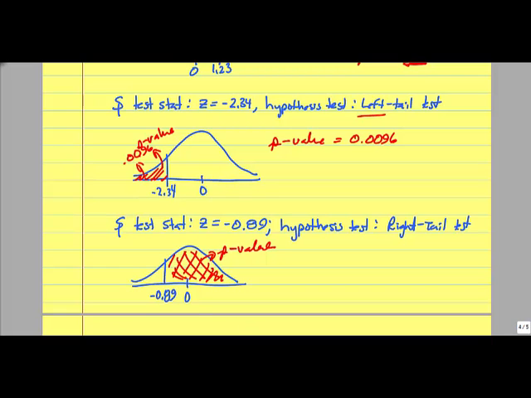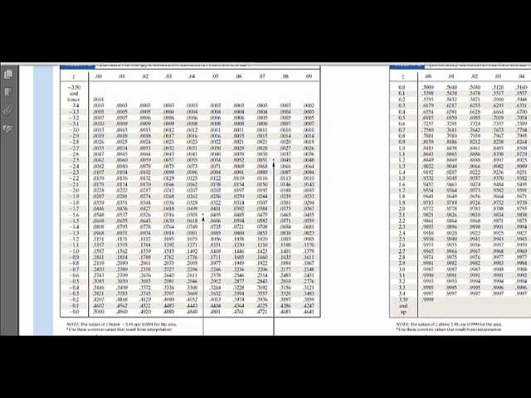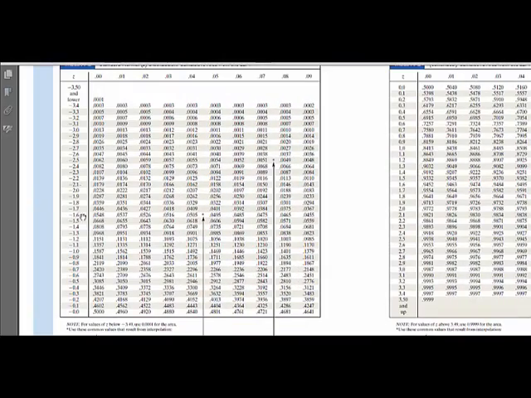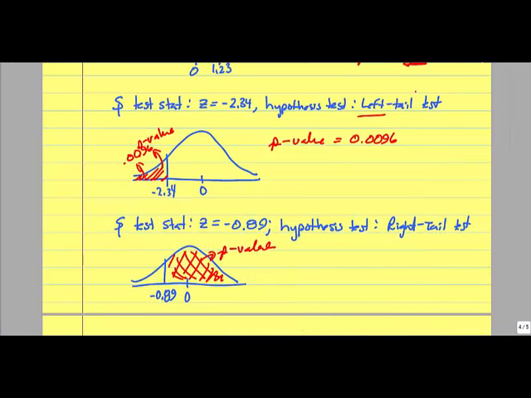So a couple different things I could do here. I could go with my normal tables, and I could look up negative 0.89. So here's 0.8, and it's negative 0.89. 0.1867 would be this area. And so then my area to the right would be 1 minus 0.1867, and that would be my p-value.